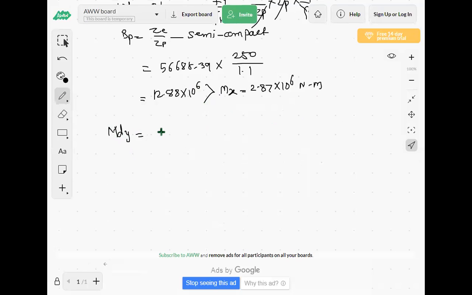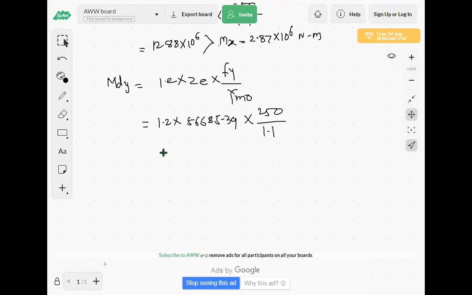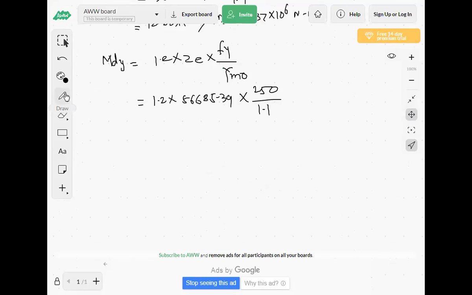Similarly, calculate now mdy. So mdy is equal to again 1.2 into ZE into Fy divided by gamma m naught. So here again 1.2 into 56685.39 into Fy is again 250 divided by gamma m naught is 1.1. So how much this?